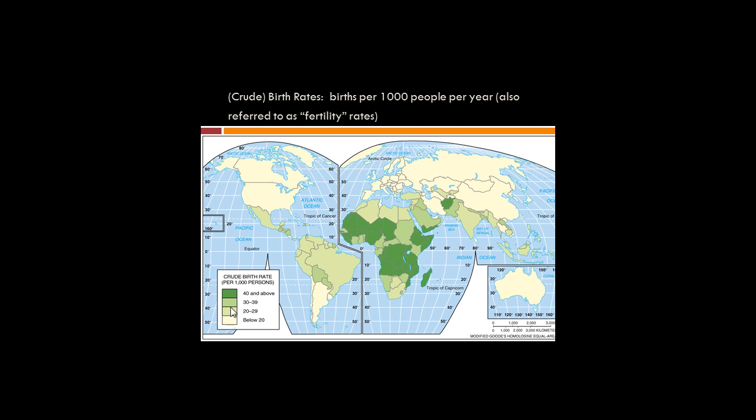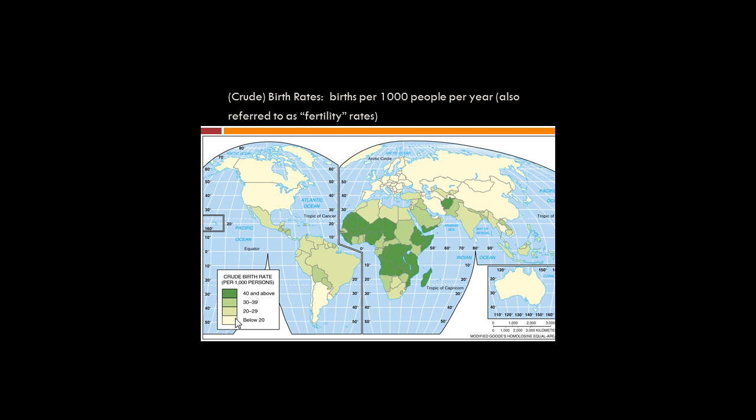Now, the middle 2 categories, 20 all the way up to basically 39, we're going to call a moderate crude birth rate. So to give an example, Mexico and Bolivia both fall into these 2 categories respectively, so they must have crude birth rates between 20 and 39, and thus, in the way we will talk about it, a moderate crude birth rate.